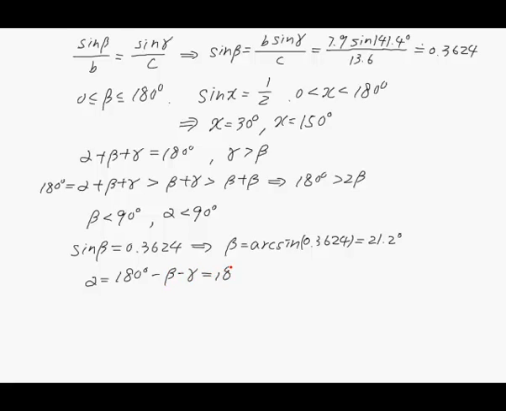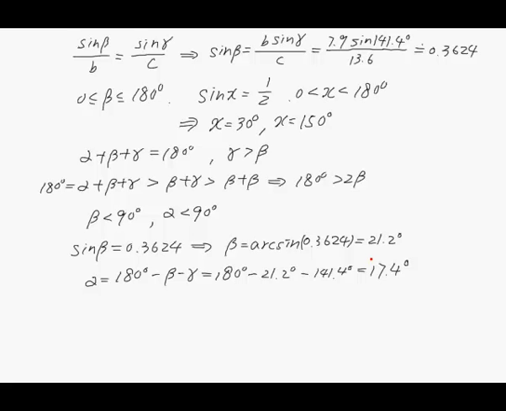So this is 180 degrees minus beta, 21.2 degrees, and then minus gamma. Gamma is 141.4 degrees. Then finally, we get the degree measure for the angle alpha, which is equal to 70.4 degrees. So by now, we have solved this triangle.